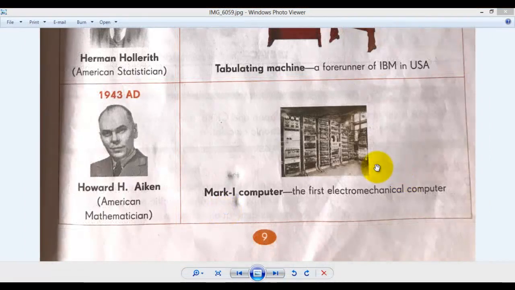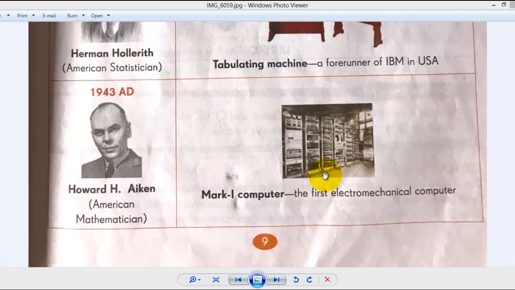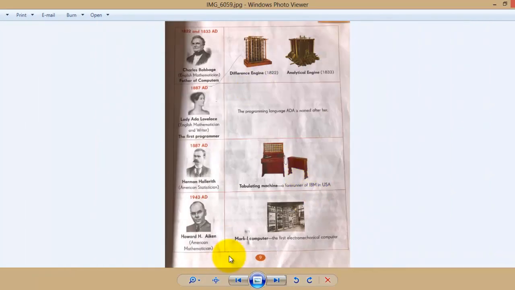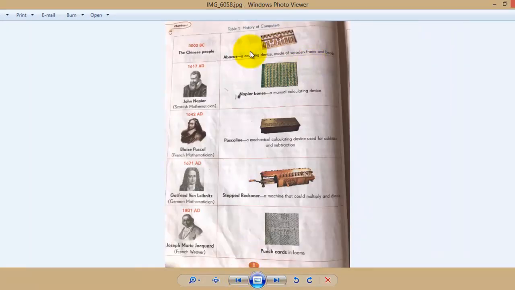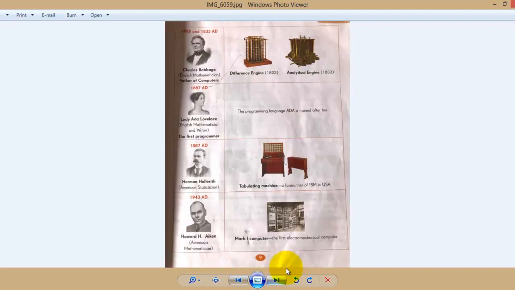So after all, what we have learned, let's summarize. First one is the abacus. After that, John Napier developed the Napier bones. After that, Pascaline. After that, Stepped Reckoner. After that, the punch card. And after that, the change in the entire history was made by two devices: first the difference engine and later the analytical engine.